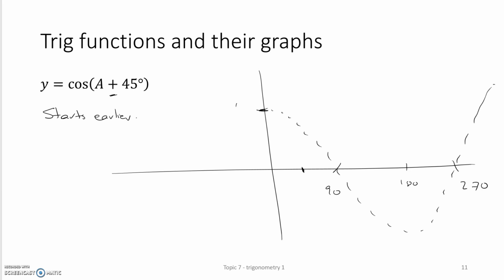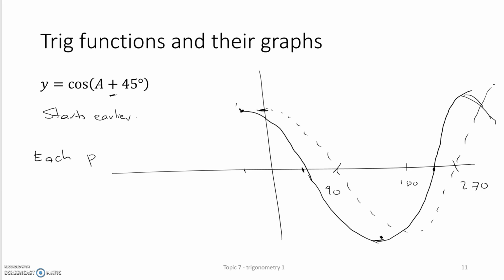So that's about that distance about there. So the curve is going to move like that. So this one will be over here. This one will be over here. And so on. So each point moves 45 degrees to the left.